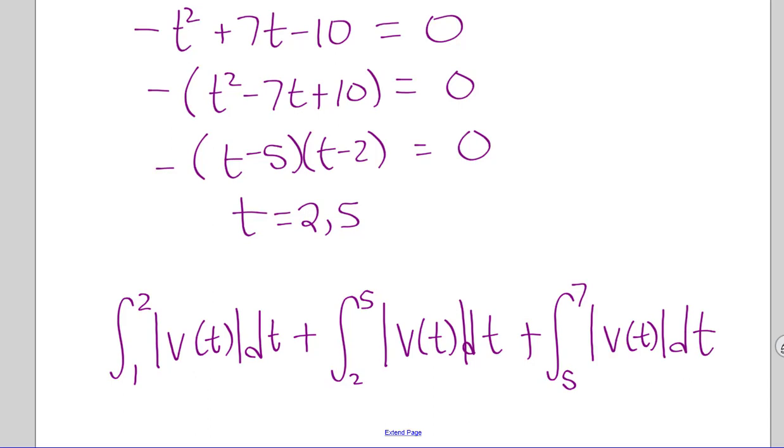Okay. And so we've already integrated. We know what the function is.